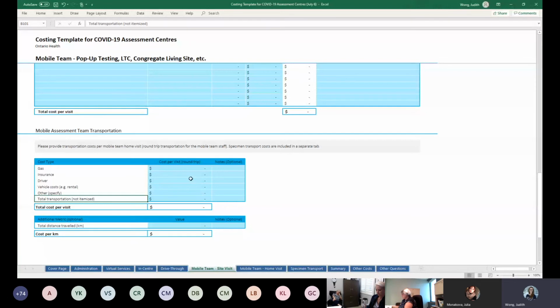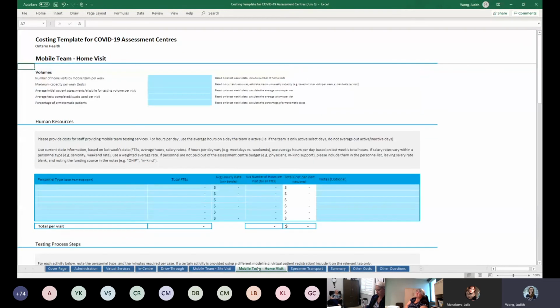I know there's a lot of variation in how teams are doing their transportation. We're also collecting optionally, if you can provide this to us, your average distance traveled. This will help us to understand the variation between assessment centers in this cost based on the distance traveled.